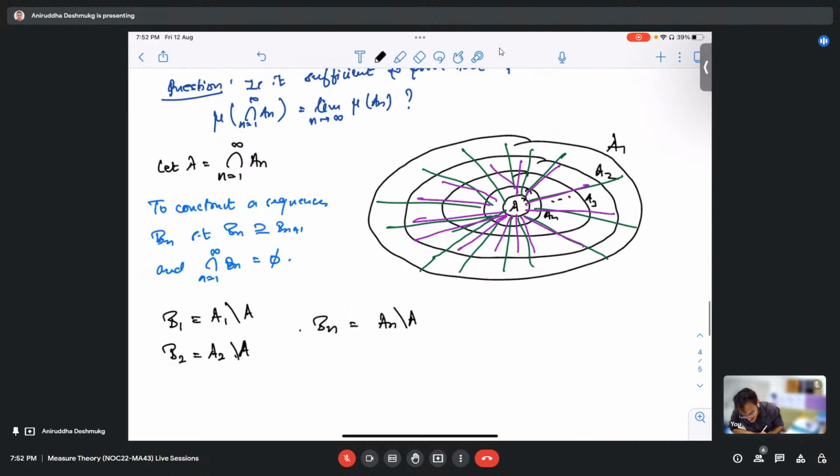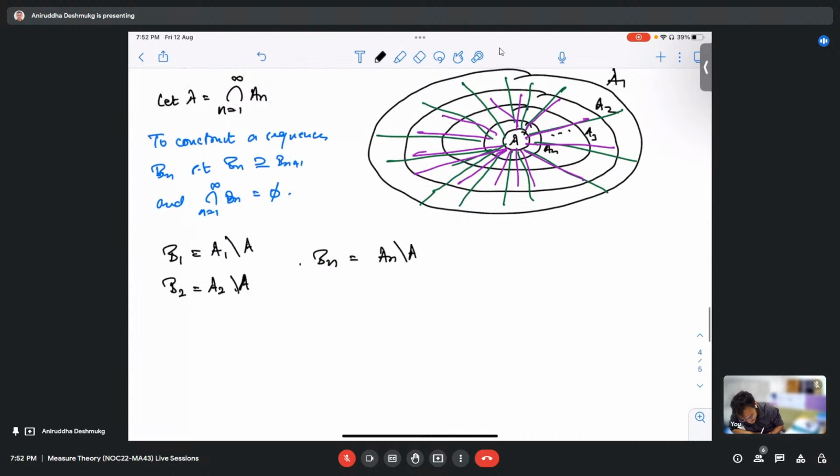So the first question is whether Bn is decreasing. What do you think? Does this construction tell us that Bn is a decreasing sequence? Yes, sir.